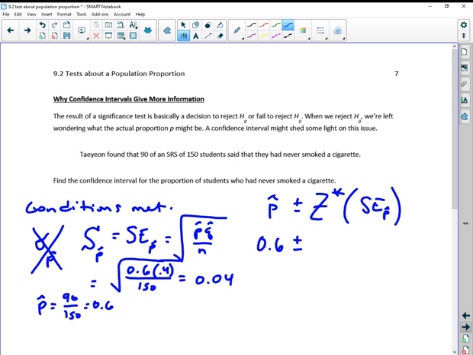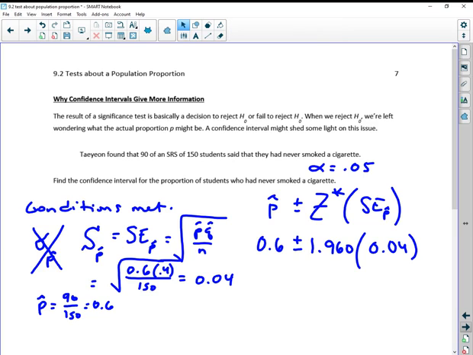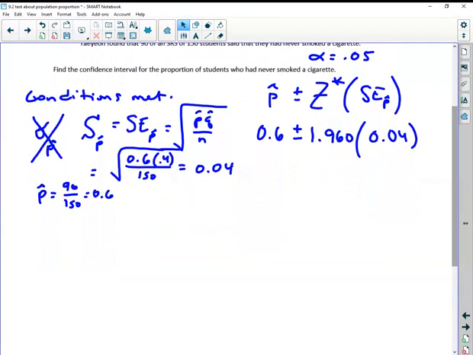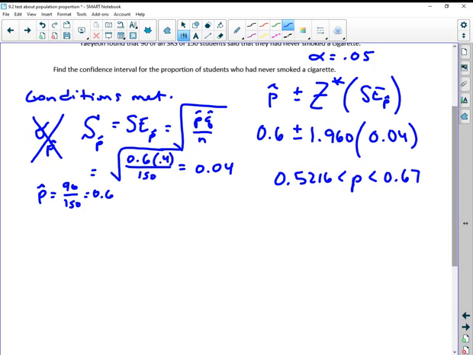My alpha was 0.05 level, so my critical z is 1.960, favorite number there. So based on this critical z value and my standard error, I get a window of 0.5216 to 0.6784. Remember, this is a window estimating, the best estimate of my parameter.